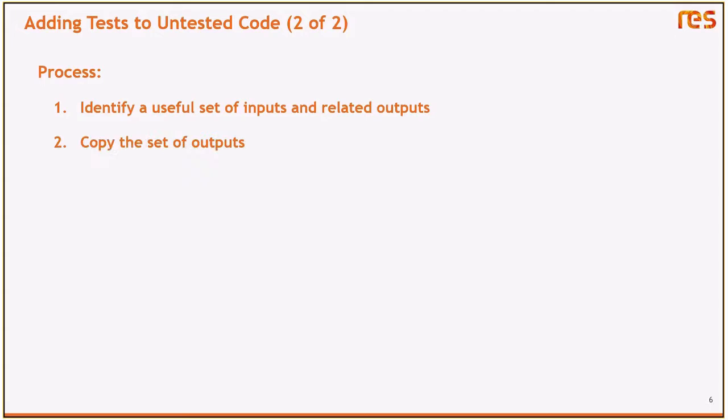And there is a process that we should be following to do this. It's got a number of different stages. In summary, the first is to identify a useful set of inputs and the outputs for your SUT. We then need to make a copy of those outputs. This copy may not be in the same form.